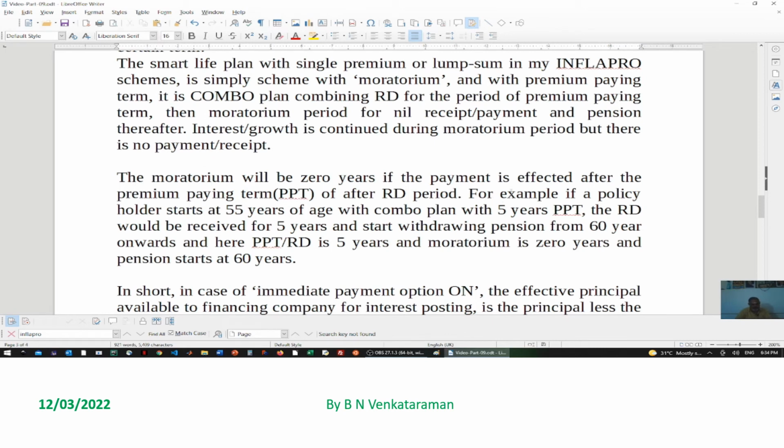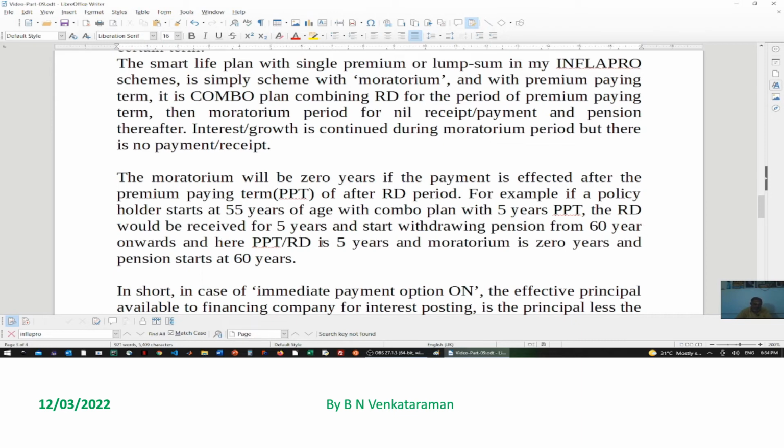For example, if a policy holder starts at the age of 55 years with a combo plan with 5 years premium paying term, the recurrent deposit will be paid for 5 years and he starts withdrawing pension from the 60th year onwards.